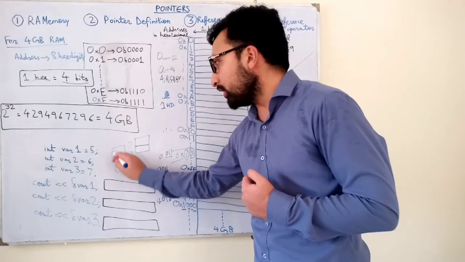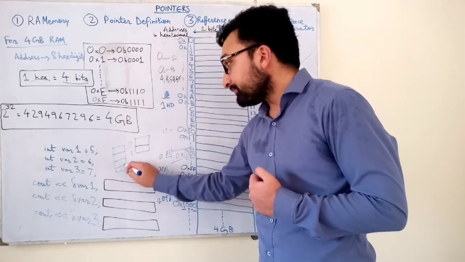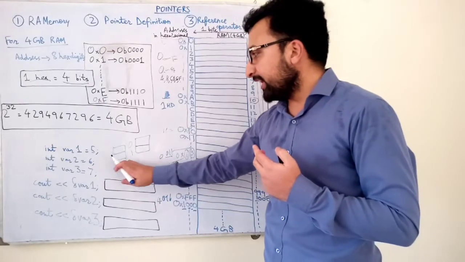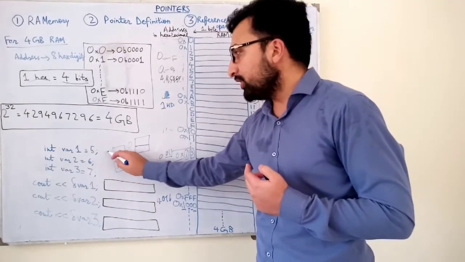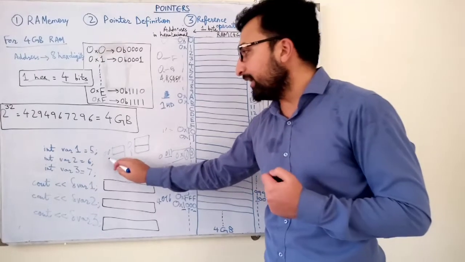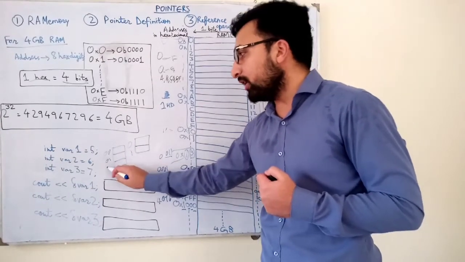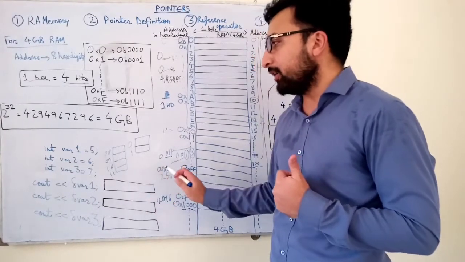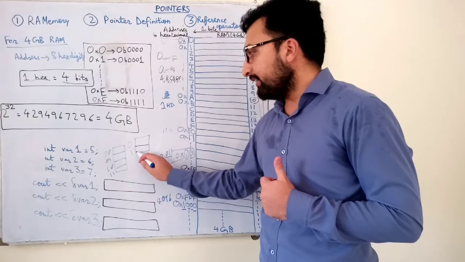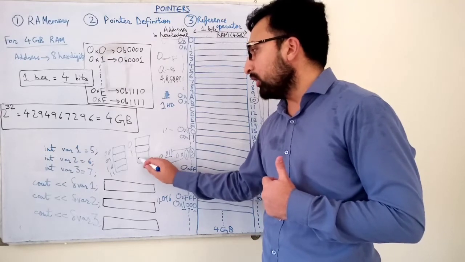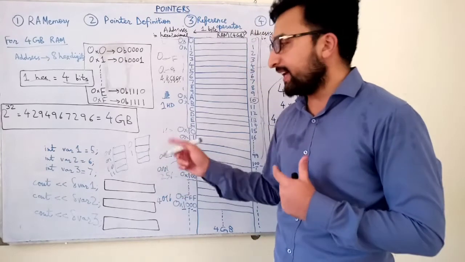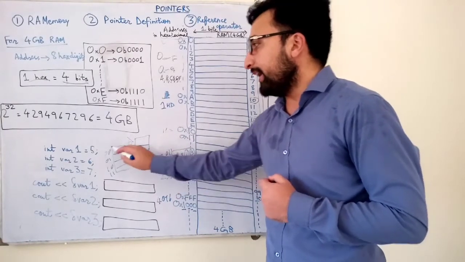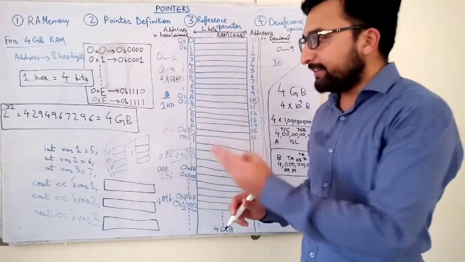Similarly, if our RAM was 4 bytes long, we needed 2 bits to access every single byte separately. 00 can access this particular byte, 01 can access this particular byte, 10 can access this particular byte, and 11 can access this particular byte. If our RAM is extended to 4 bytes, we can no longer access every single byte separately with a single bit. This will not be happening. We need to add another bit.